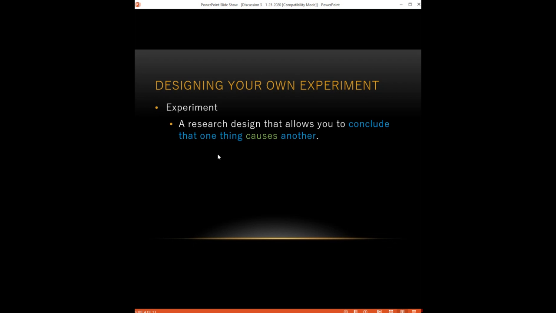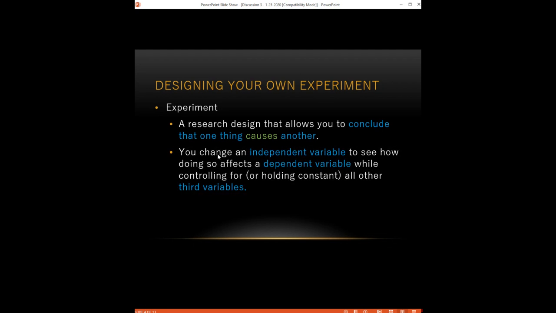This is a research design that allows you to conclude that one thing causes another. And how this works is you, as an experimenter, the person who's designing the study, change an independent variable to see how doing so affects a dependent variable, while controlling for or holding constant all other third variables.